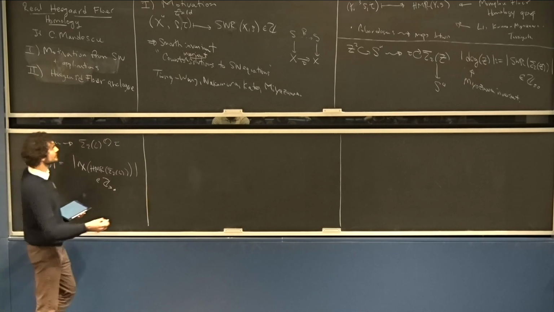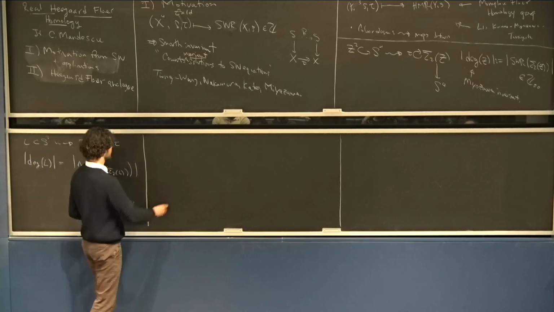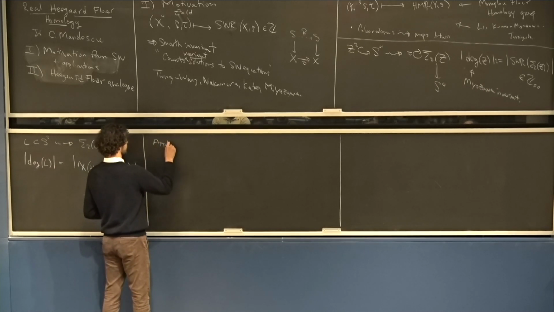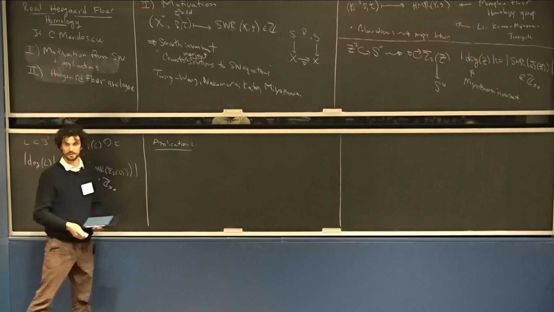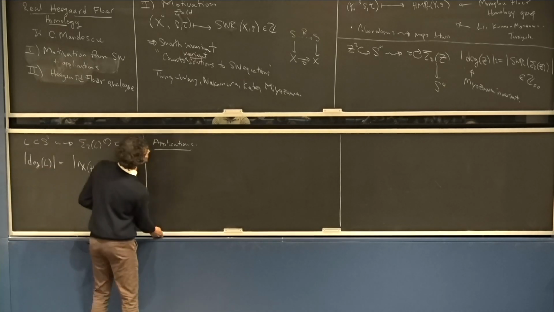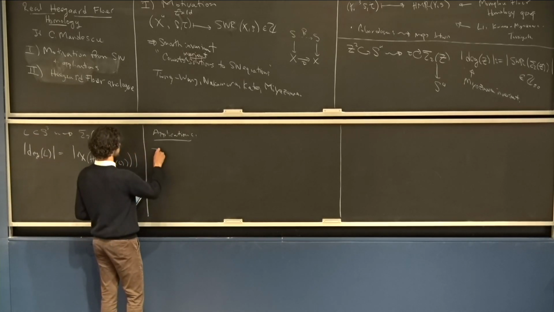All right, so this is the structure of these invariants. And there have been some remarkable applications in the last couple of years. The first one I'd like to emphasize is this theorem of Miyazawa.